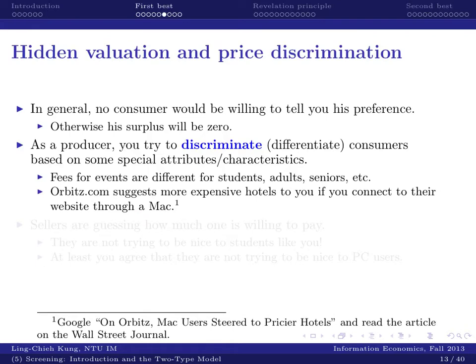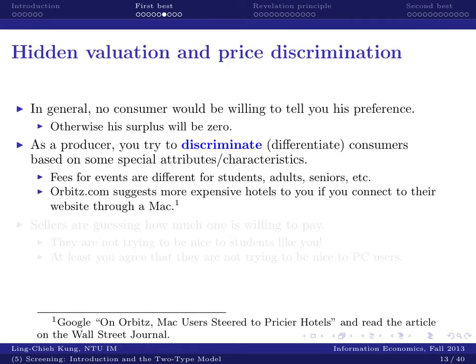Somehow that means if you are using Mac, typically that means you have more money, okay? Or only those guys who have more money buy Macs. So they use this practice. If you search for hotels in the same region at the same night with the same functions you need, Orbitz.com is going to suggest some more expensive hotels if you are using Mac, but they will select cheaper hotels to PC users.